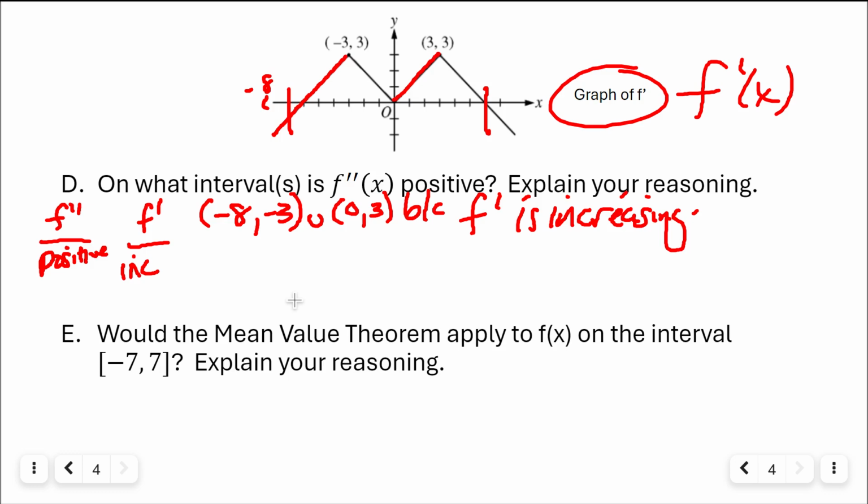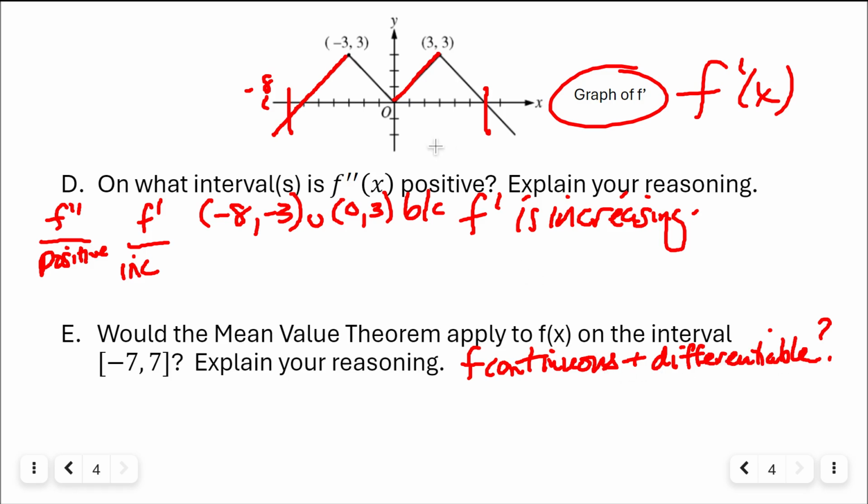What are the conditions by which you need to make that mean value theorem work? Okay, what do you need to know about f to figure out if the mean value theorem can even apply? Well, f has to be continuous and differentiable. So the question is, is f continuous and differentiable?